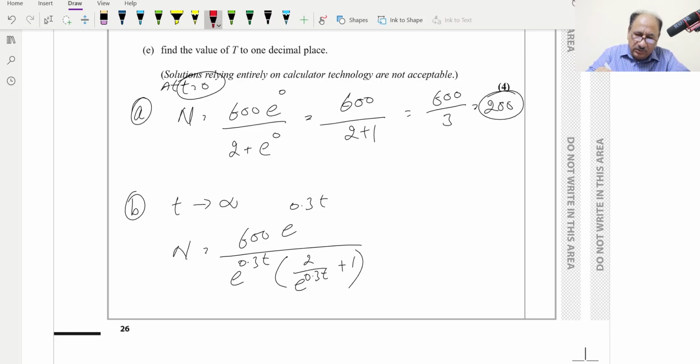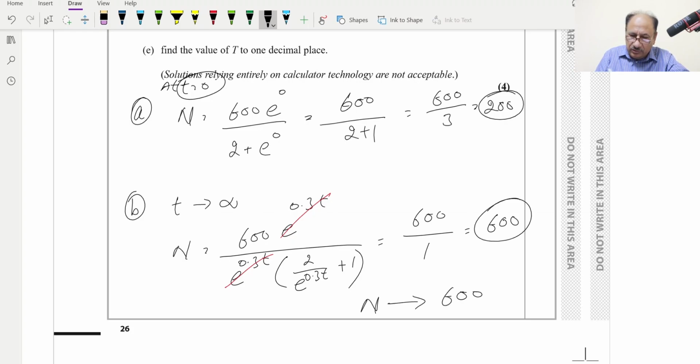Because directly putting infinity we will not get the answer, we have to take common and cancel. So this will be 600 over 2 over infinity plus 1, which is 0 plus 1, so 1, and this will be equal to 600. So the upper limit is n tends to 600 when t tends to infinity. This will be our final answer for this part.